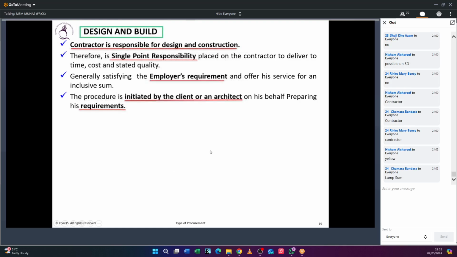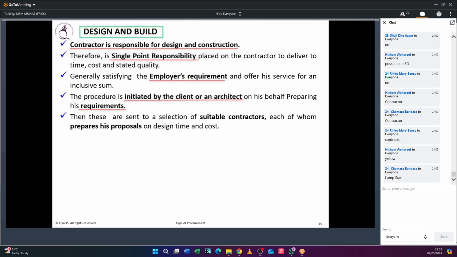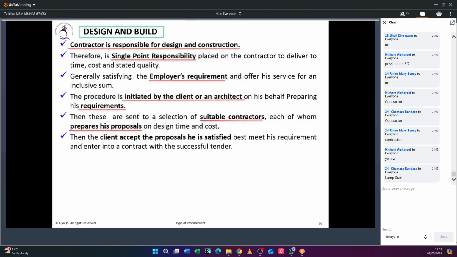Yes. Okay, so you have to be very careful. So a suitable contractor prepares his proposal and gives his design models, the time how much he needs to do the work, and the cost how much he is demanding to complete the work. So the client will see all the bidders' proposals and select the suitable one he likes.